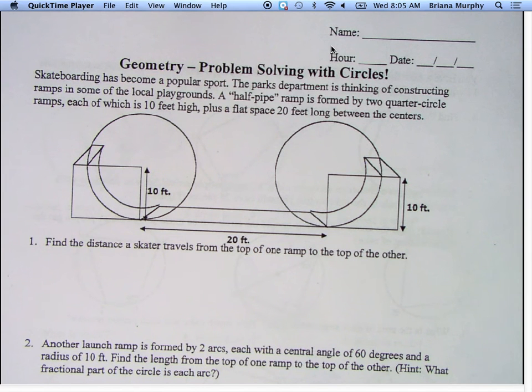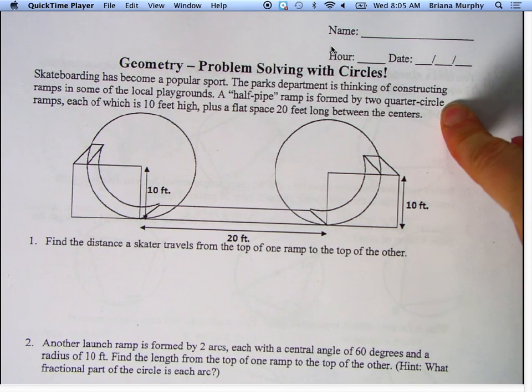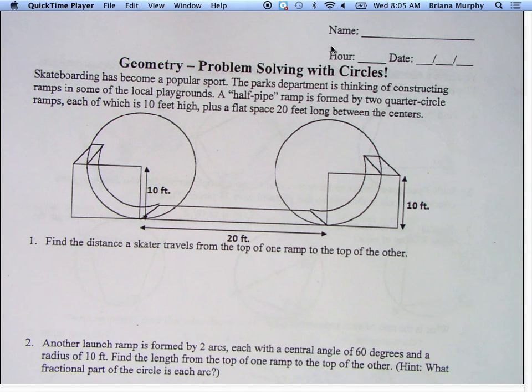A half-pipe ramp is formed by 2 quarter circles. How much is a quarter of a circle? Instead of half a circle, it's a fourth of a circle, right? Okay. Each of which is 10 feet high, plus a flat space of 20 feet long between the centers. Okay?